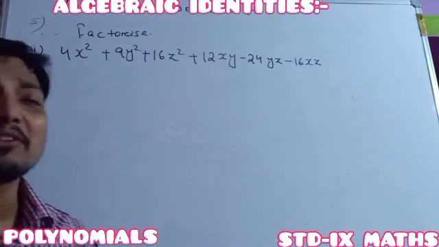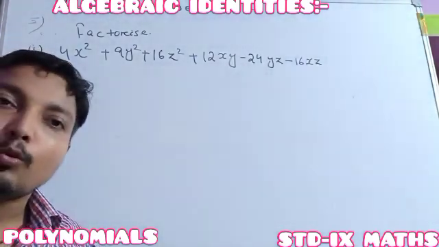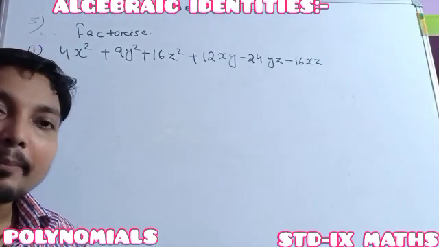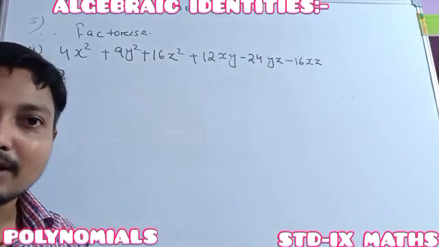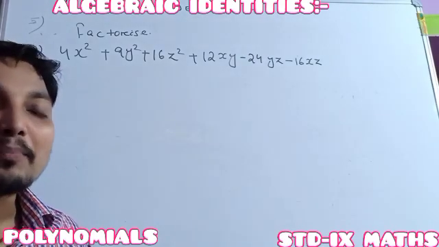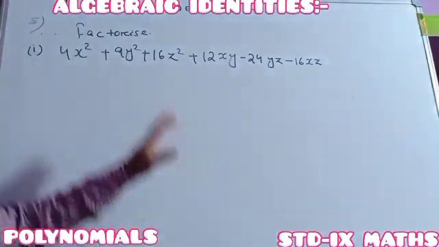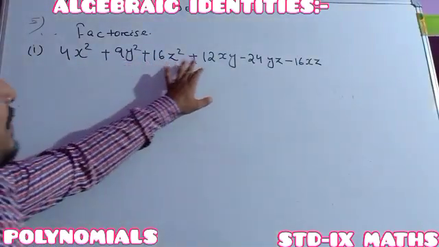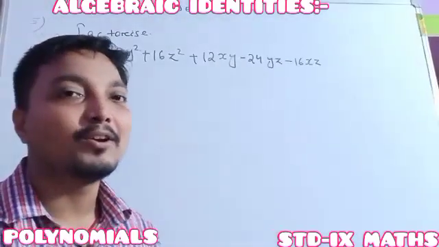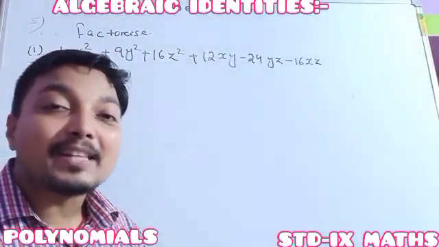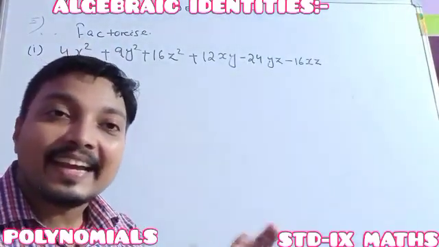See, in this question number 5, it is said you have to factorize. So to factorize means 100% it is the expansion form. So it is the expansion form means first we have to check how many number of terms are there. See, 1, 2, 3, 4, 5, 6. Whose expansion term it is 6 in number.